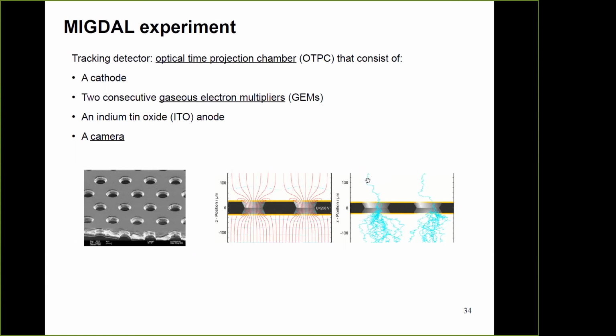So in this case, one ionization comes from one side to the hole and then gets amplified, and at the exit, you see an amplified, multiplied electron signal. And then a camera that is going to capture the scintillation.